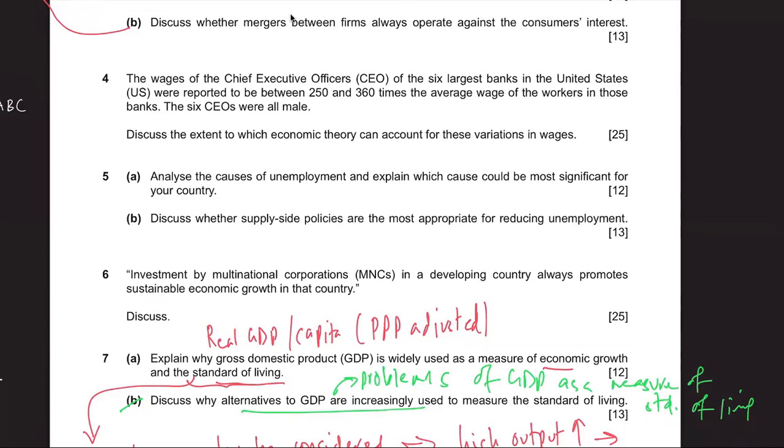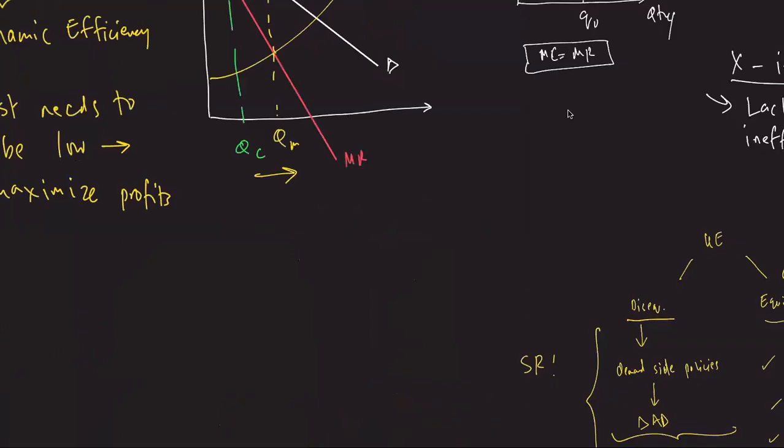Somebody says, when you're talking about labor market differentials, you'll need to talk about this diagram also. Remember we have a diagram in our notes, where this is my demand for labor, or MRP, and this is my supply of labor.